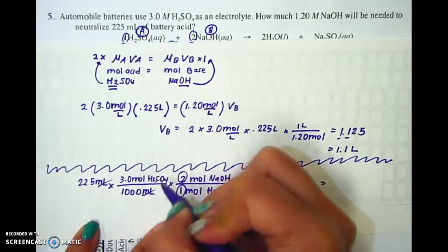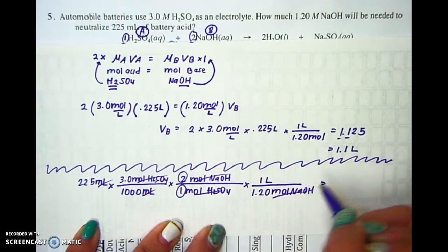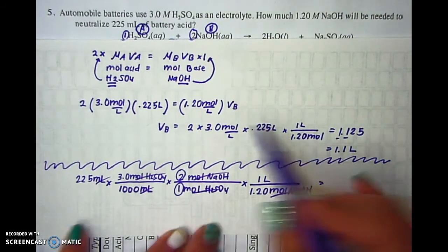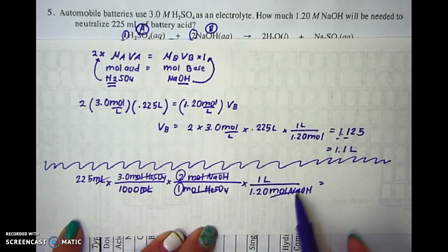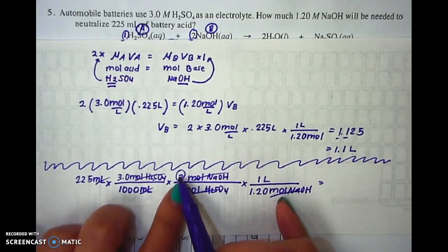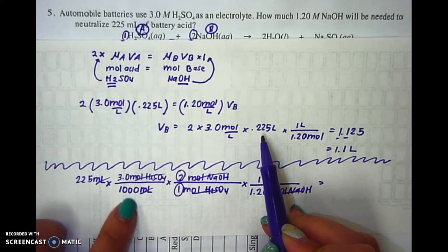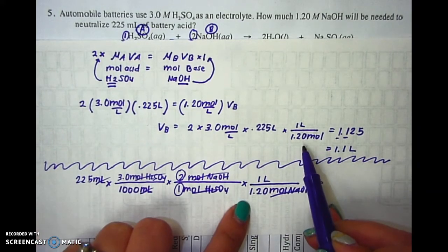So these cancel, and we end up getting liters of sodium hydroxide. And if you take a look at what we did up here, you're actually doing the exact same math down here. We have 2 times 3 times 0.225, so that's 225 divided by 1,000, and then we divide it by 1.2.